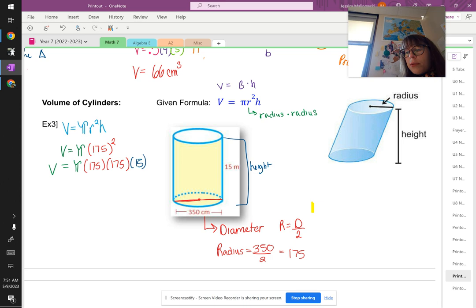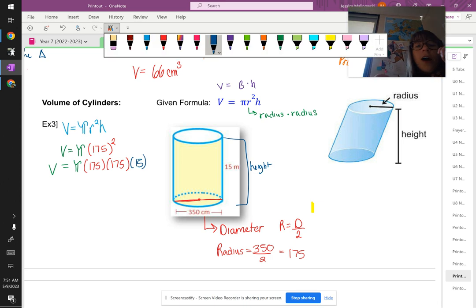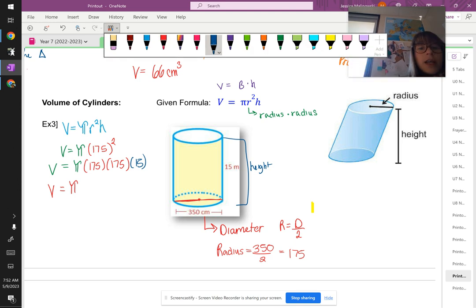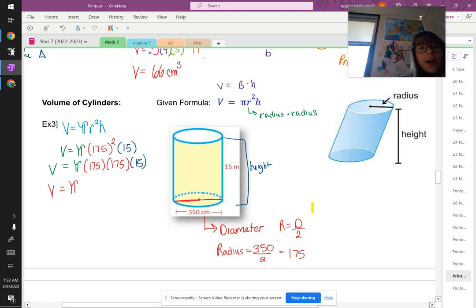You can start calculating in your calculator. Now here, because it's pi, you'll have ugly decimals involved, so I want to see an in-between step of you multiplying all 3 of those things: the 175 squared times the 15, which I forgot to write there.